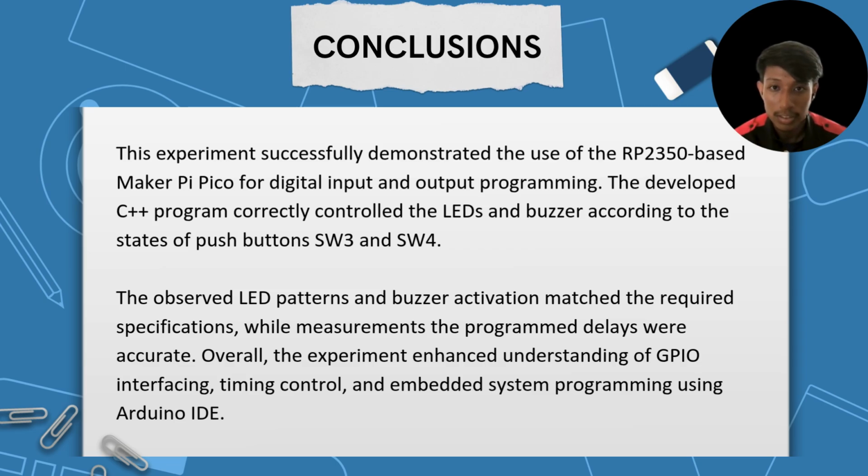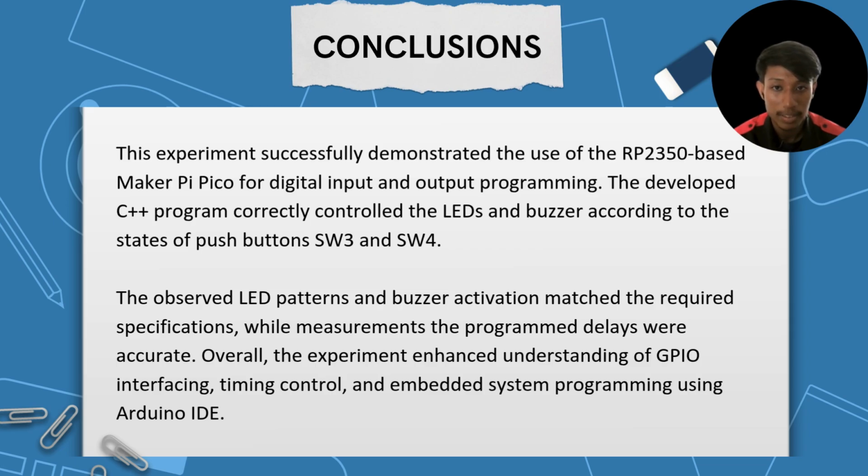Okay, so the last one is the conclusion. This experiment successfully demonstrates the use of the Raspberry Pi 2350 based Maker Pi Pico for digital input and output programming. The developed C++ program correctly controlled the LEDs and buzzer according to the states of push buttons SW3 and SW4.